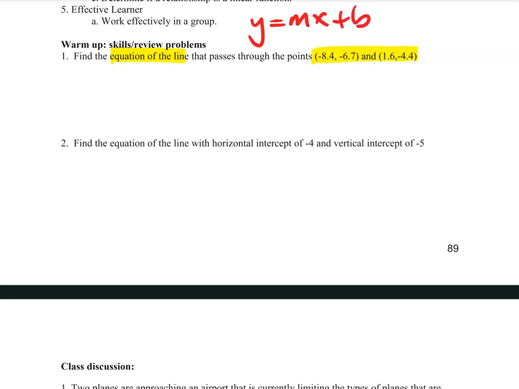So remember, whenever you have 2 points, x1, y1, x2, y2, just to recall, you'll be able to solve for the slope, that is the change in y, y2 minus y1, over the change in x, x2 minus x1. So let's do that.